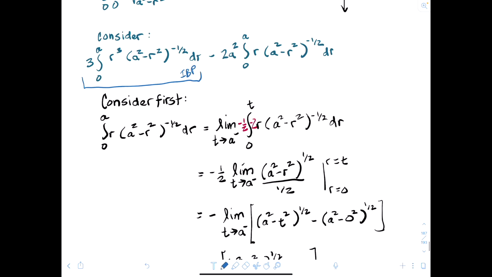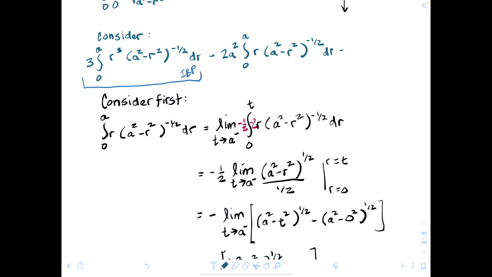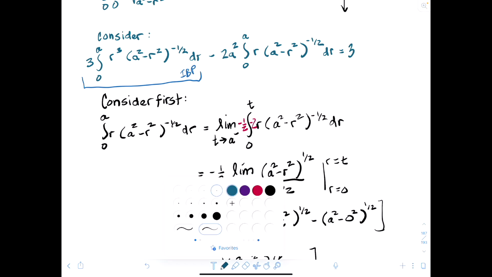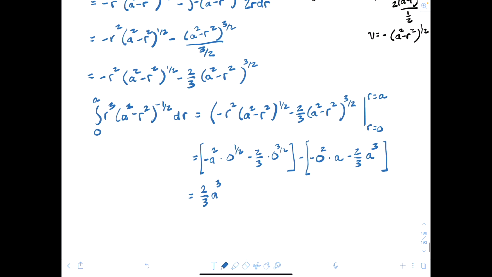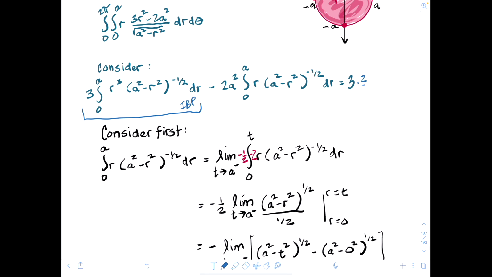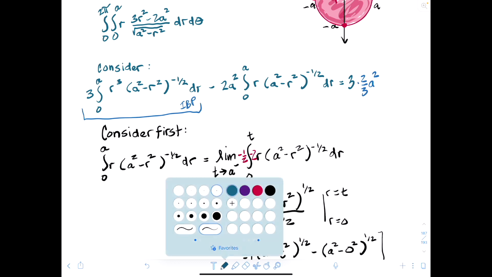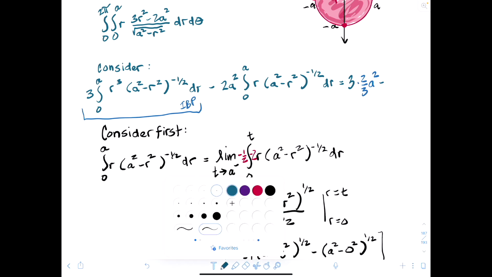So from our first result, this will end up equaling 3 times what we got in the blue, and we got in the blue down here 2/3 a cubed, and then minus 2a, oh, that was supposed to be a cube, right?